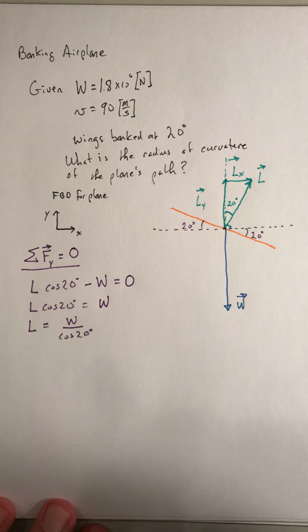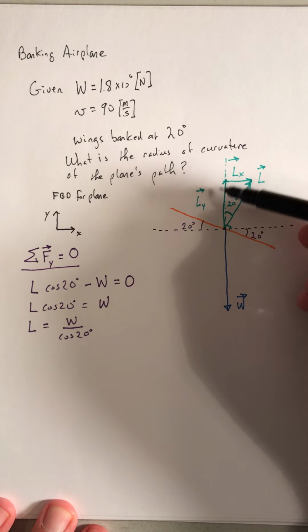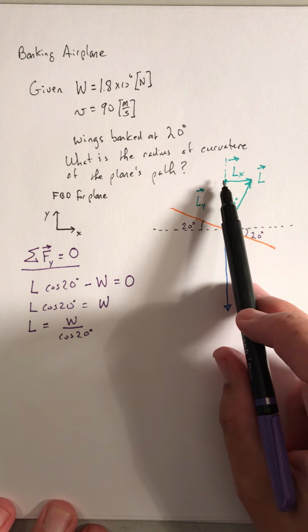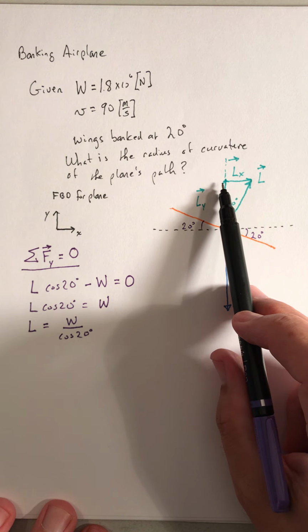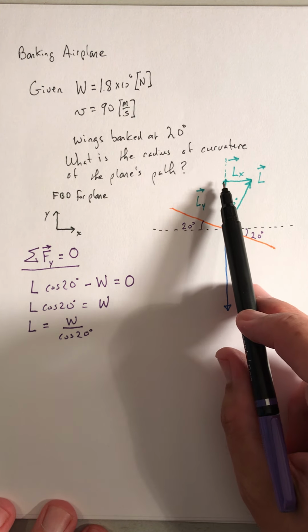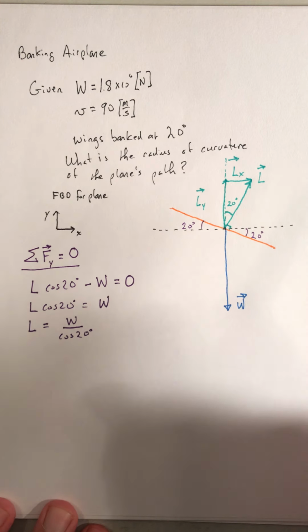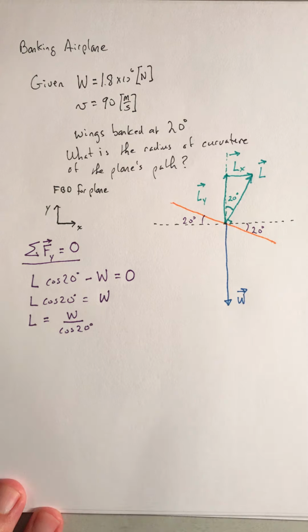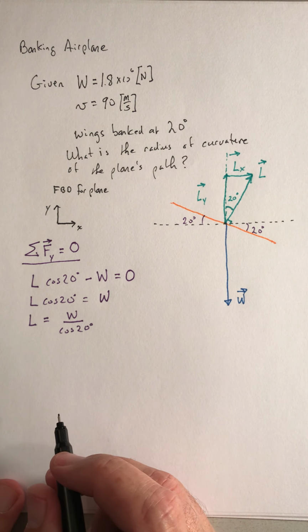Alright, so we've taken care of the weight and one component of the lift. The x component of the lift is what provides the radial force, so that is causing the radial acceleration for the airplane to change the direction of its motion and go into circular motion.